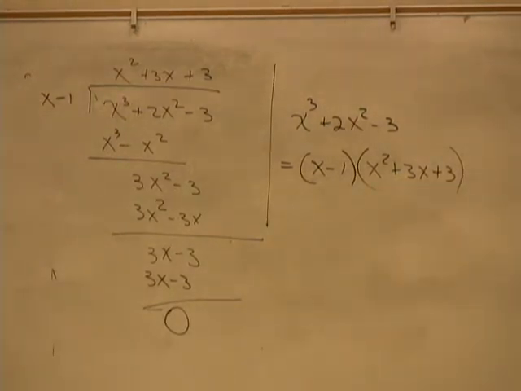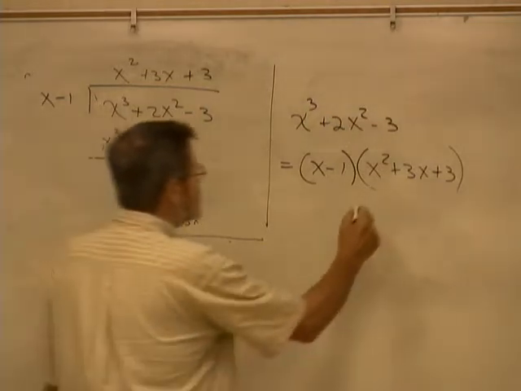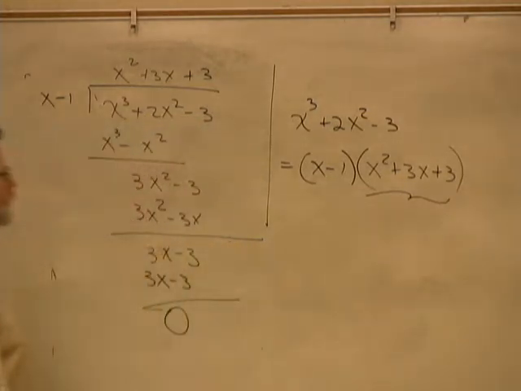Any other roots of this polynomial of degree 3 are also roots of this polynomial of degree 2. So if necessary, then we can use the quadratic formula to find others.